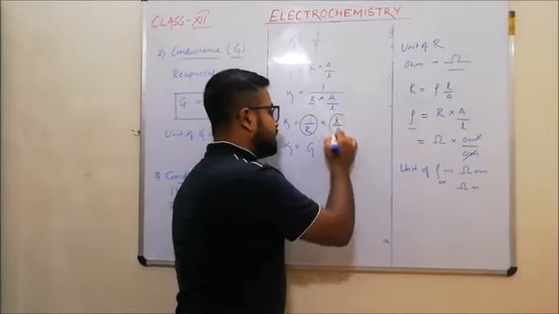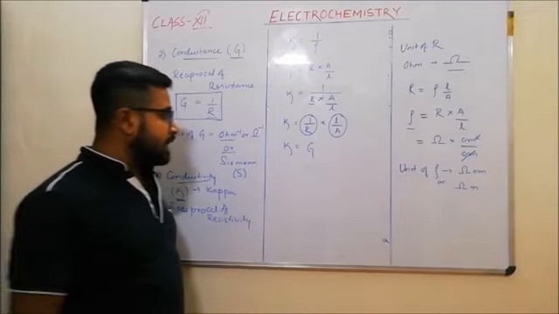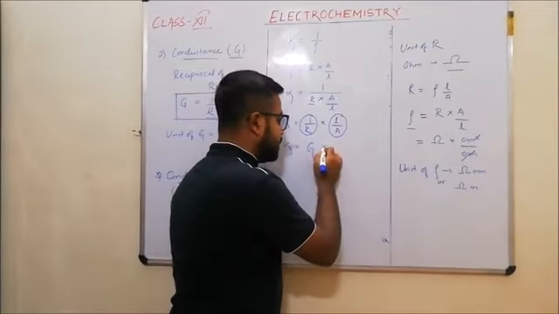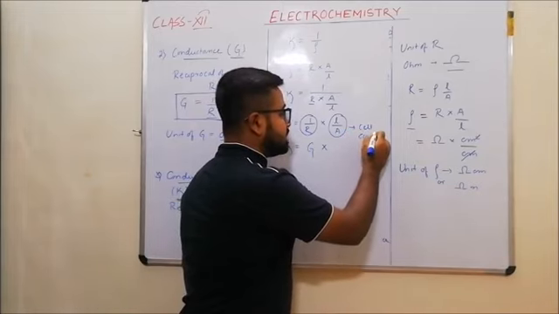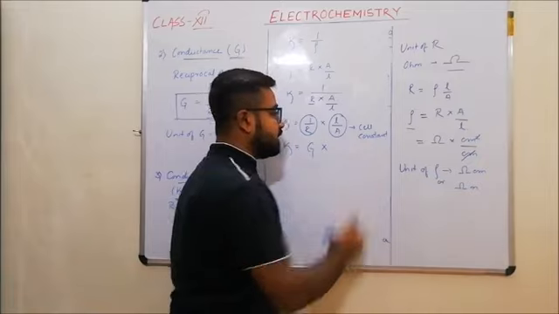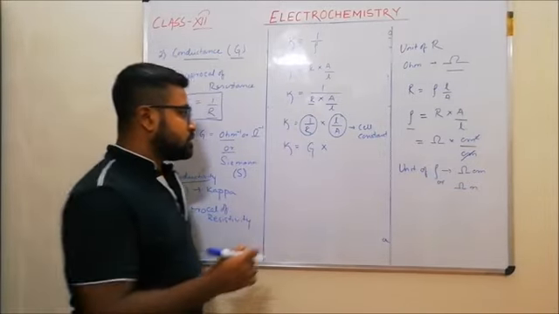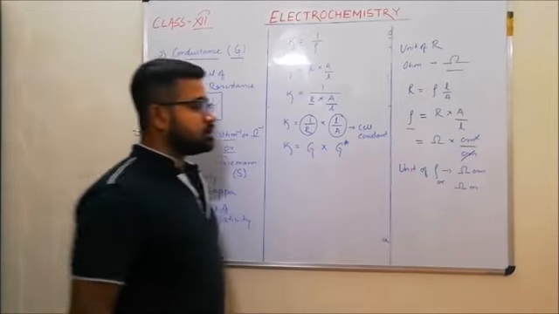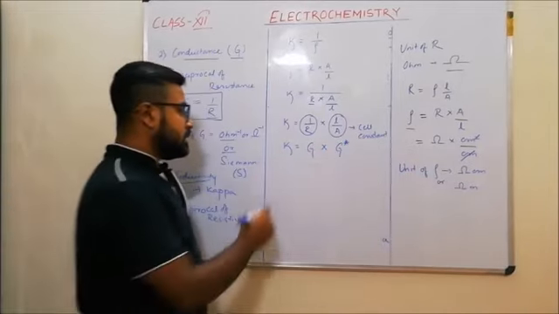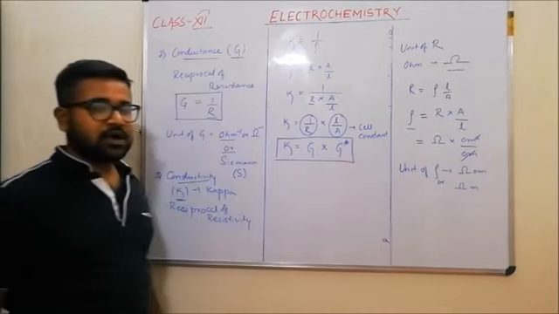Now what is L by A? What do you mean by L by A? L by A is known as cell constant. Clear? L by A is known as cell constant. So this is denoted by G star. That's why kappa equals G into G star.